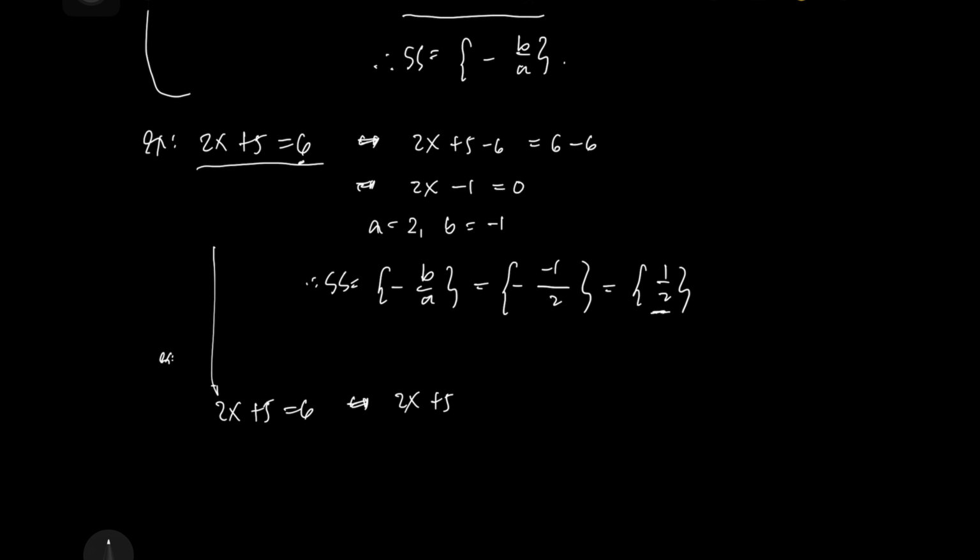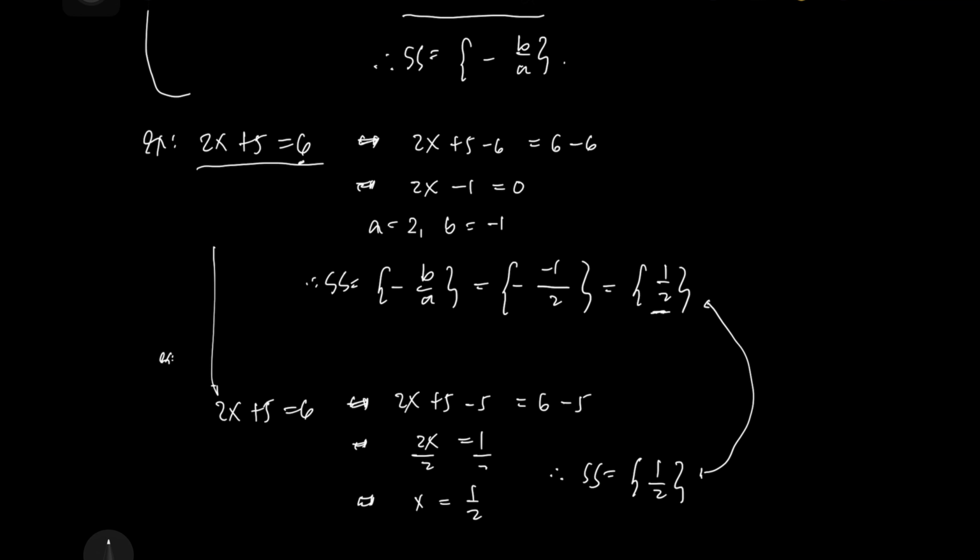Removing 5 is adding negative 5 on both sides. So we have 2x equals 1. Then divide by 2 on both sides, multiplication property of equality, then x is equal to 1/2. So the solution for that equation is 1/2. They are just the same.